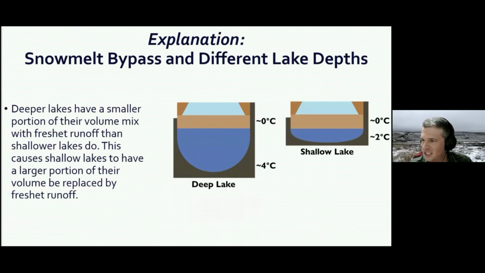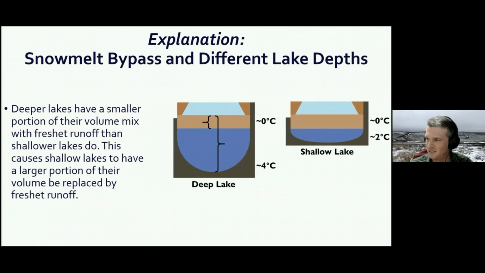So why do deeper lakes have less snowmelt runoff replacement than shallower lakes? We expect that in a deeper lake, the layer of mixed freshet runoff and lake water underneath the ice doesn't seem to change very much in thickness. In a deeper lake, you're going to have a larger volume of the lake isolated from mixing with the runoff that's coming into the lake.